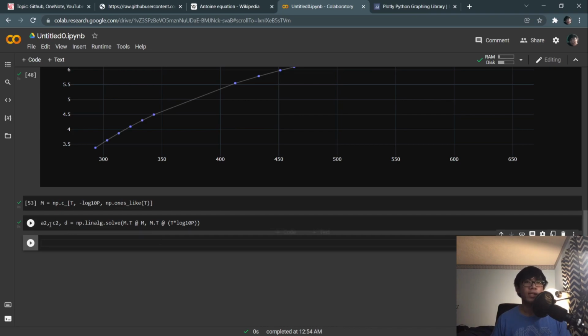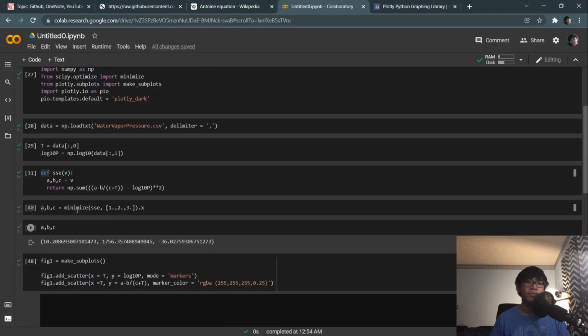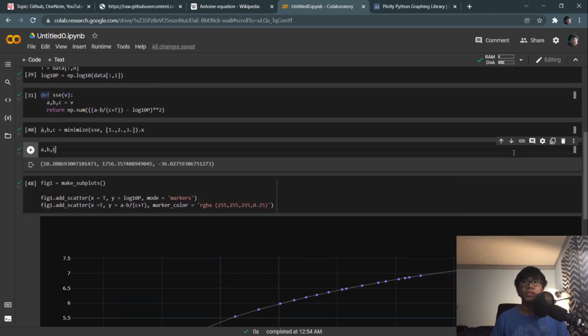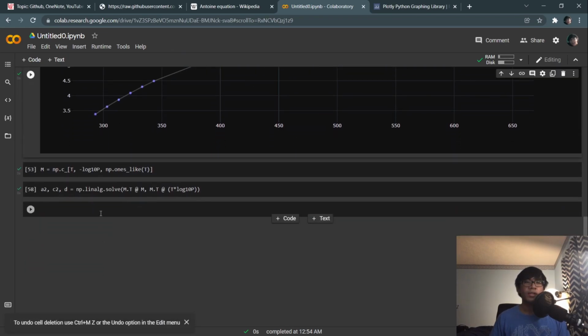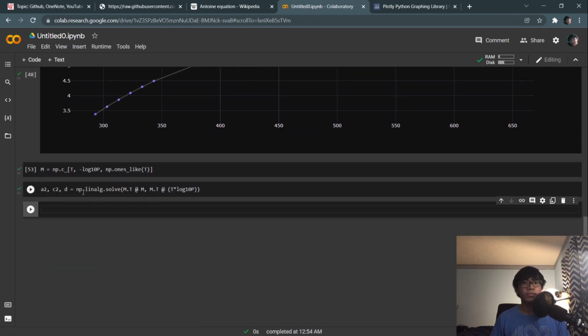So we had A2 first, C2 second, and D was our third. Again, arbitrary. I know it's A, C, D in the original vector, but we have to call them something else, or else we'll get a little confused with up here. All right, now that we unpacked it, we have to solve for B. Let's just call it B2. So we have to solve for B2.